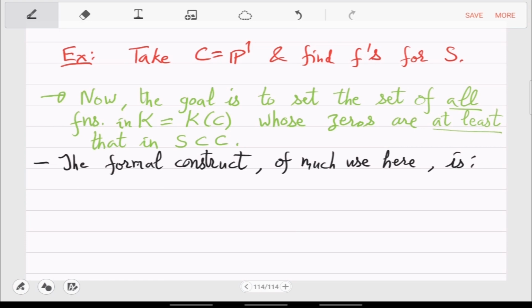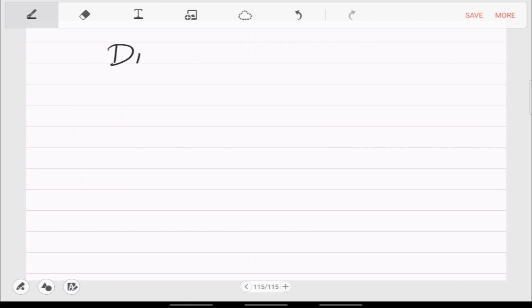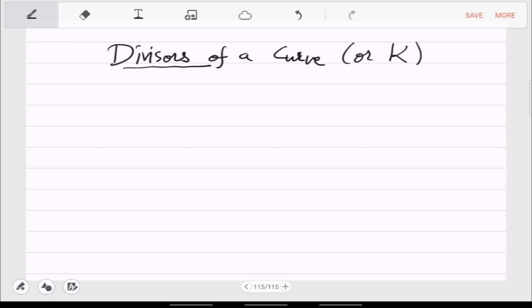So this will be divisors of a curve. We'll now focus on divisors, which unfortunately seems to be an overused concept.